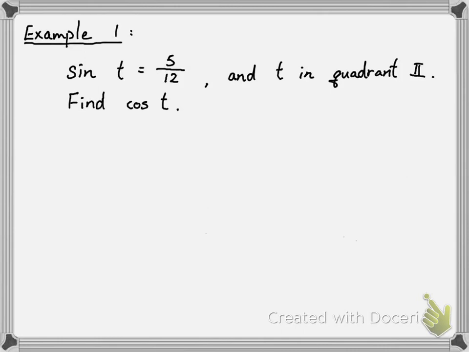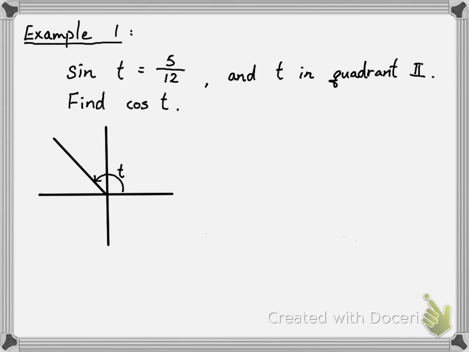Example number 1. Sine t equals 5 over 12 and t is in quadrant 2. Find cosine t. Let's try to make a sketch. T is in quadrant 2, so we have t in quadrant 2.